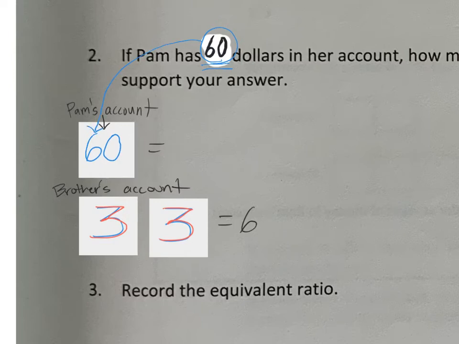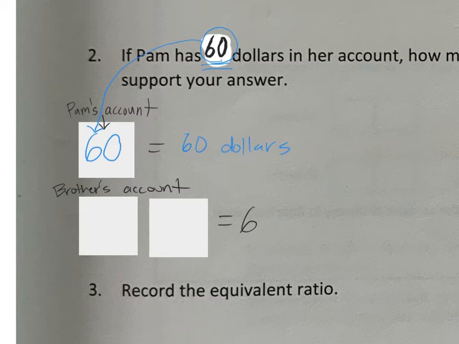And just like what we did to the top, we also have to do to the bottom, okay? So there's 1 square, and that was equal to 60. Let's put dollars because that's what it is.